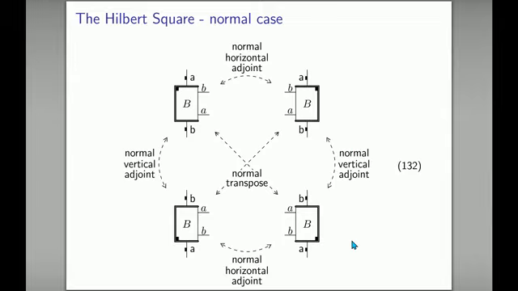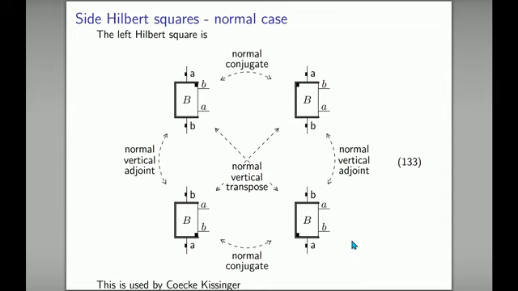Okay, so this is the front square thing. I'm just calling it the Hilbert square, and the transformations there are: you have the normal horizontal adjoint to go across, the normal vertical adjoint to go up and down, and then the normal transpose to go between those. And then this is the side Hilbert square.